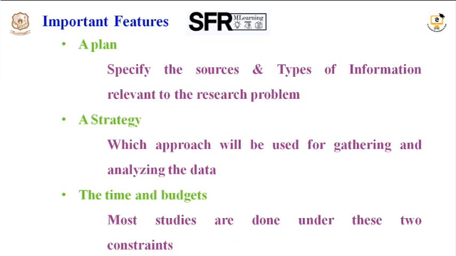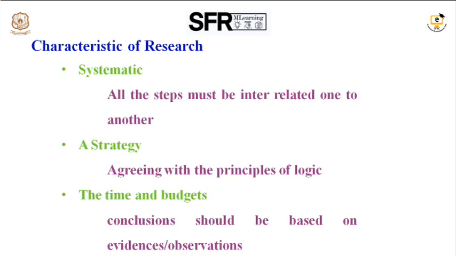And finally, time and budget are needed, for most studies are done under those constraints. Next, systematic research, in which all the steps must be interrelated one with another. Strategic, again, is one of the most important characteristics, which is agreeing with the principles of logic. And finally, the time and budget with the same constraints.